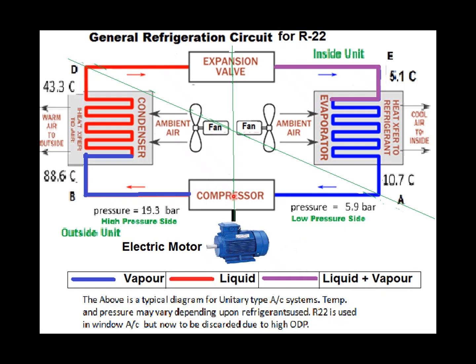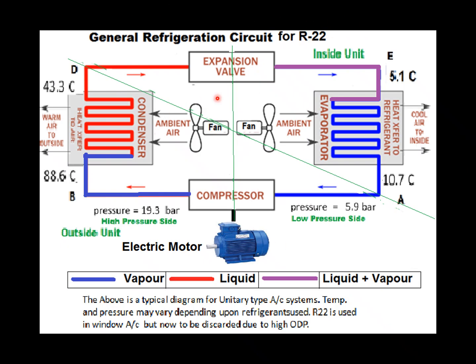After the gas refrigerant is compressed, its temperature is increased to 88.6 degrees Celsius. So the purpose of the condenser is to reduce this 88.6 degrees Celsius to 43.3 degrees Celsius for this particular refrigerant.